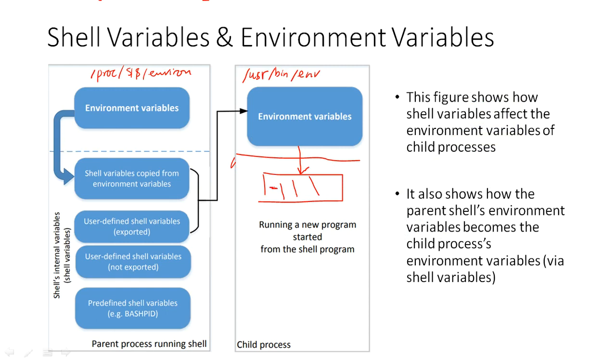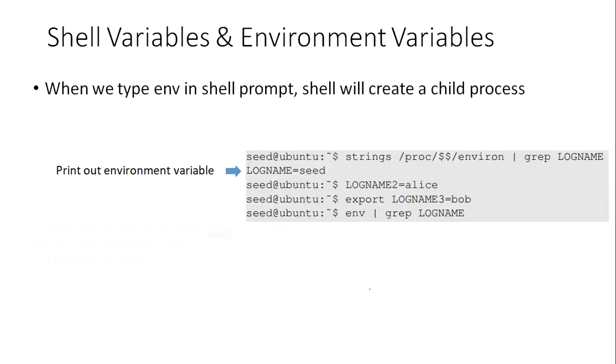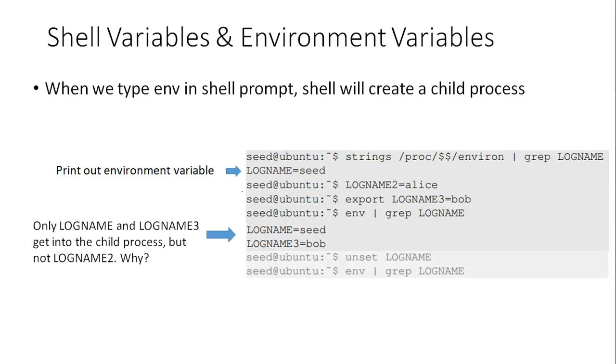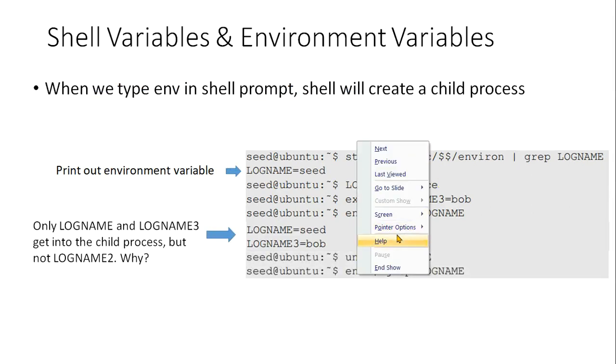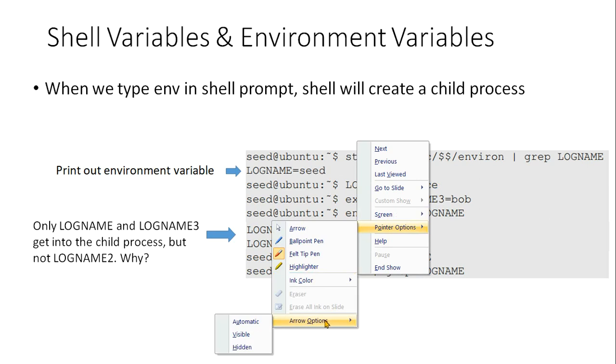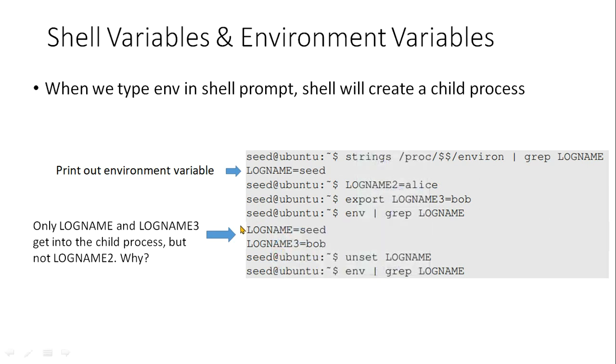So what we see in the child process, what we can do with the child process, is only the shell variables, not the environment variables. We can only change these shell variables. So when we see these two variables, they are shell variables. When we remove one of them, we only have the other left.